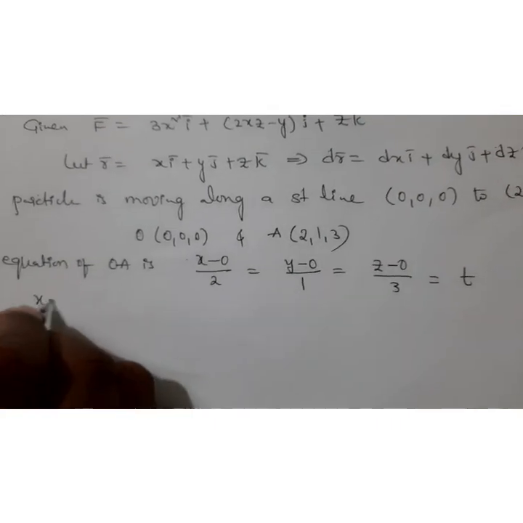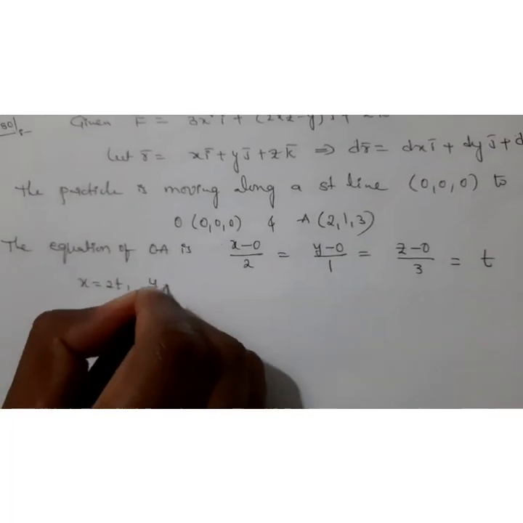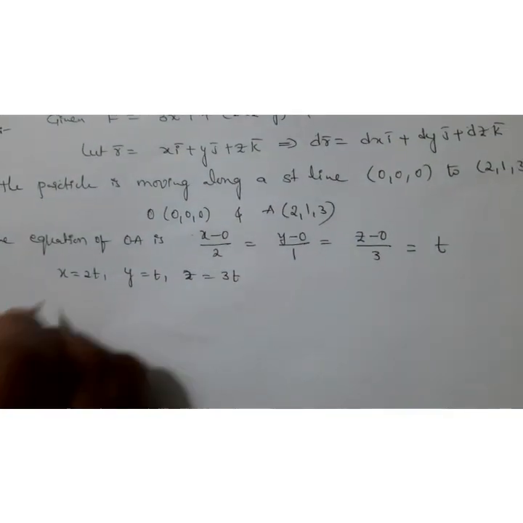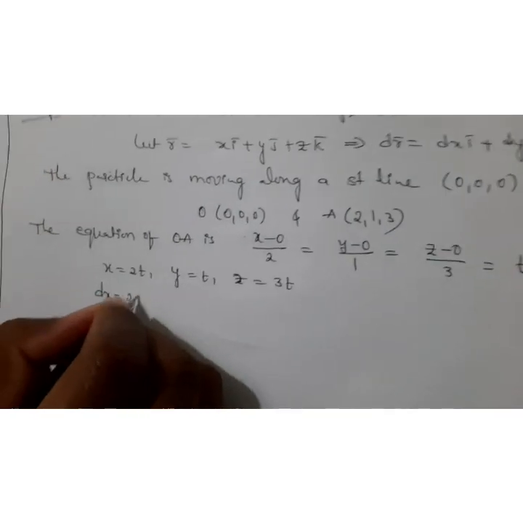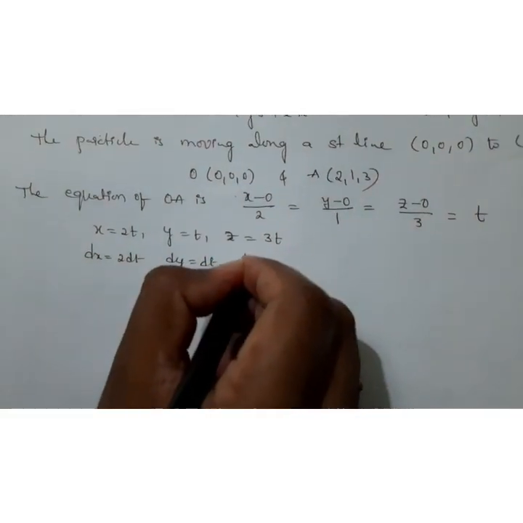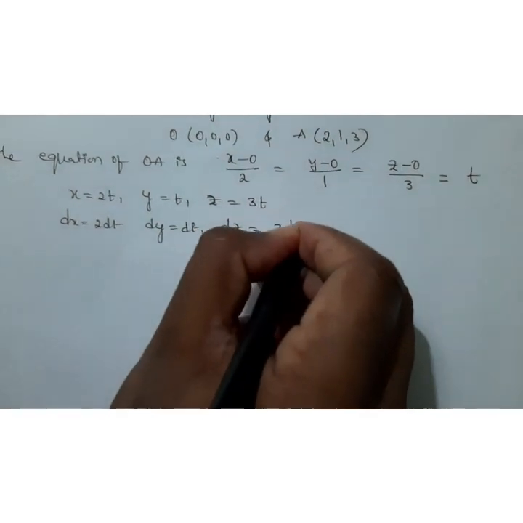Here x is equal to 2t, y is equal to t, z is equal to 3t. Here dx is equal to 2 into dt, dy is equal to dt, dz is equal to 3 into dt.